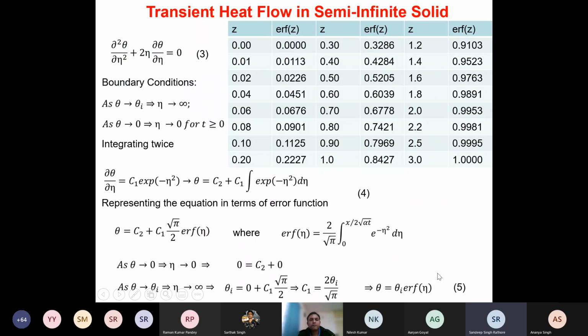Just wait. So the solution is theta equals c2 plus c1 integral of exponential of minus eta square d eta. Remember, in this case, what will be the limit? The limit will be 0 to eta, and what is the value of eta? That we don't know. Therefore, we will not be able to solve this integral analytically.